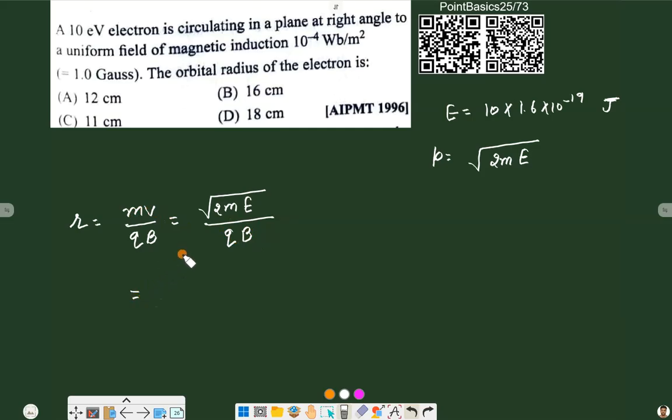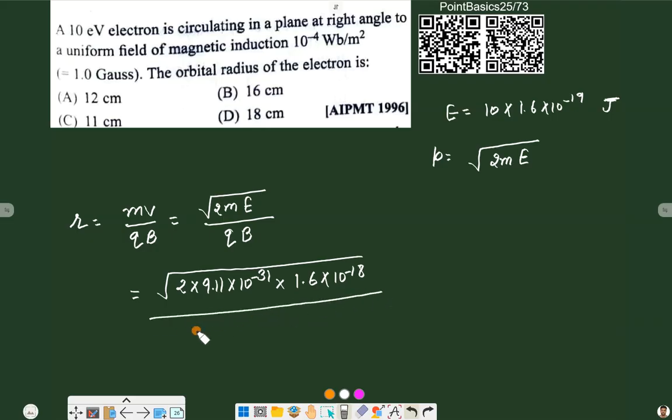So it will become under root 2 into 9.11 into 10 raised to power minus 31 into energy, that is 1.6 into 10 raised to power minus 18, divided by charge, that is 1.6 into 10 raised to power minus 19, into field, that is 10 raised to power minus 4.